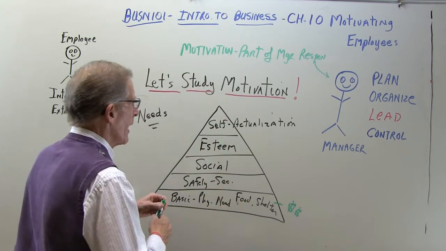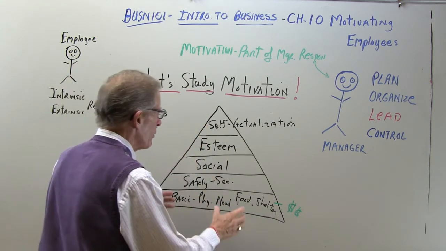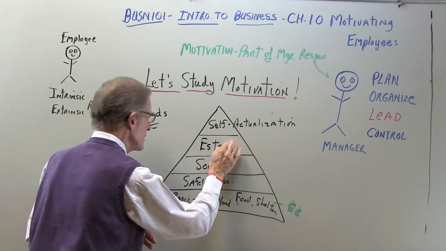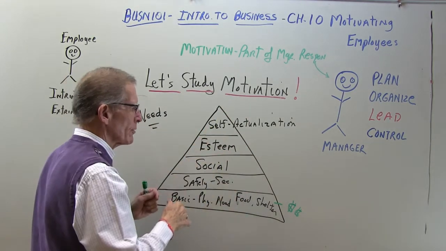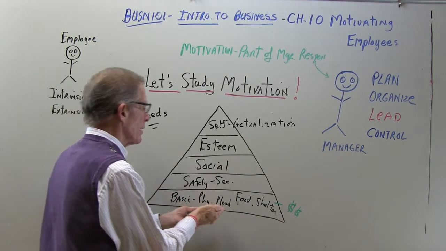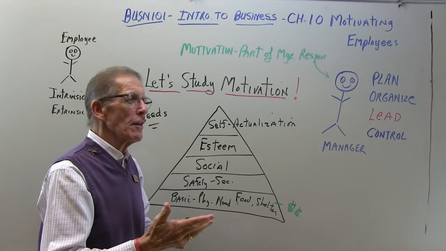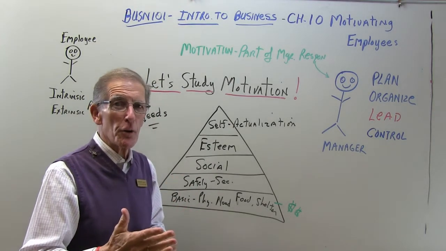Maslow says that we satisfy these needs as in a pyramid. We satisfy these first, then these, then these, then these, and then finally these needs. Or hopefully we satisfy all these levels of needs. So he says it's a hierarchy. We start at the bottom and we work up. And then the other thing Maslow said was, once a need is satisfied, it's no longer a motivator.